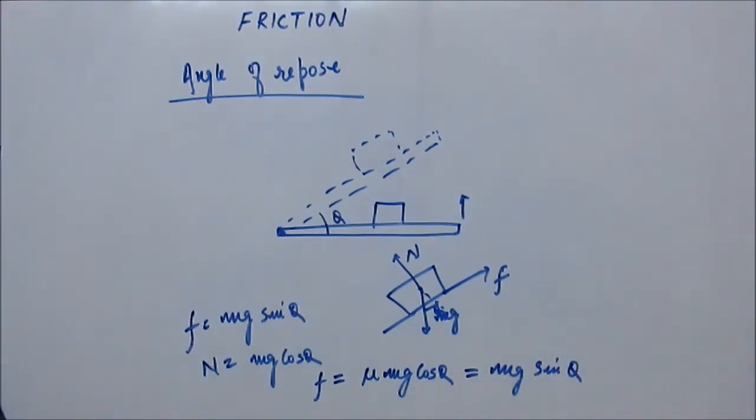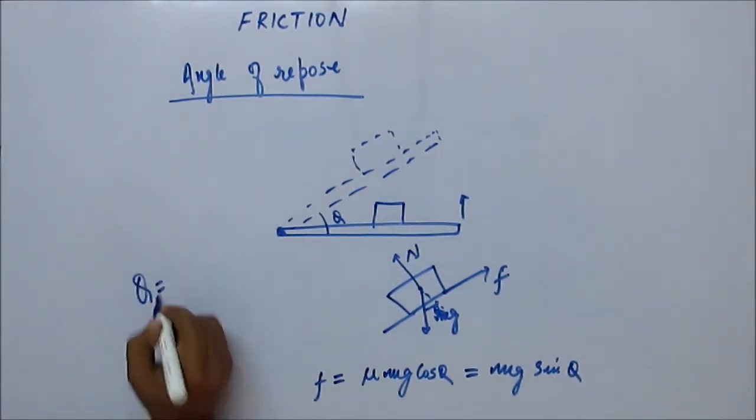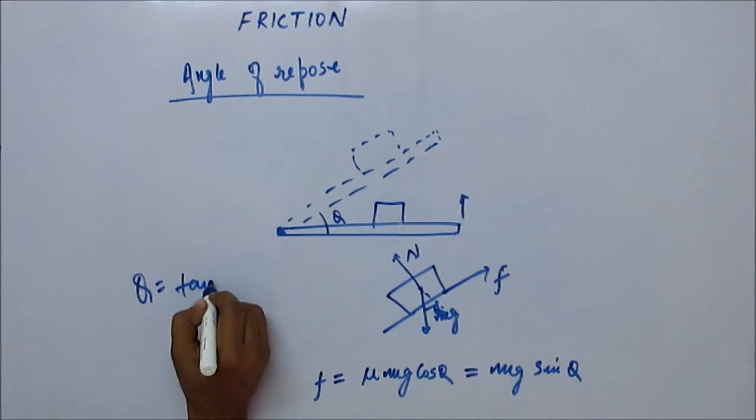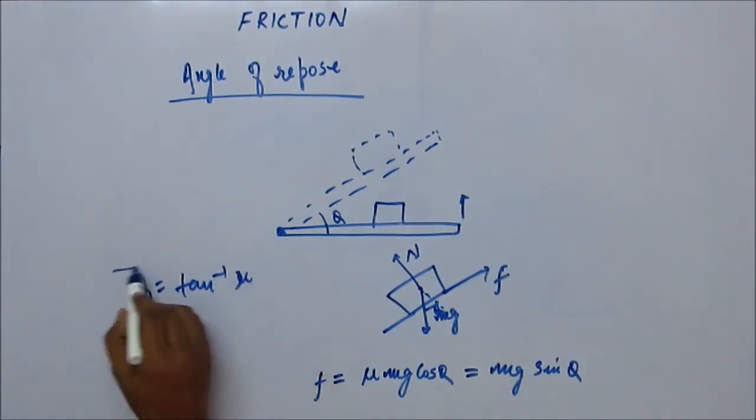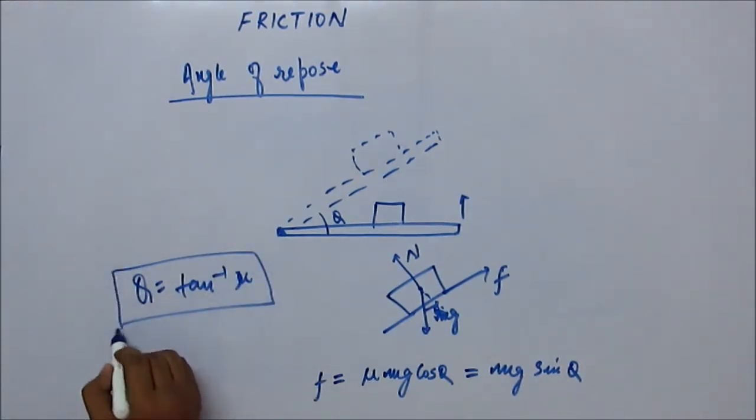So from here we can see that tan theta turns out to be mu, and this theta also turns out to be tan inverse mu. That means the angle of repose is also turning out to be tan inverse mu, like we had for angle of friction. So theta in this case also turns out to be tan inverse mu. That means the angle of repose is the same as angle of friction.